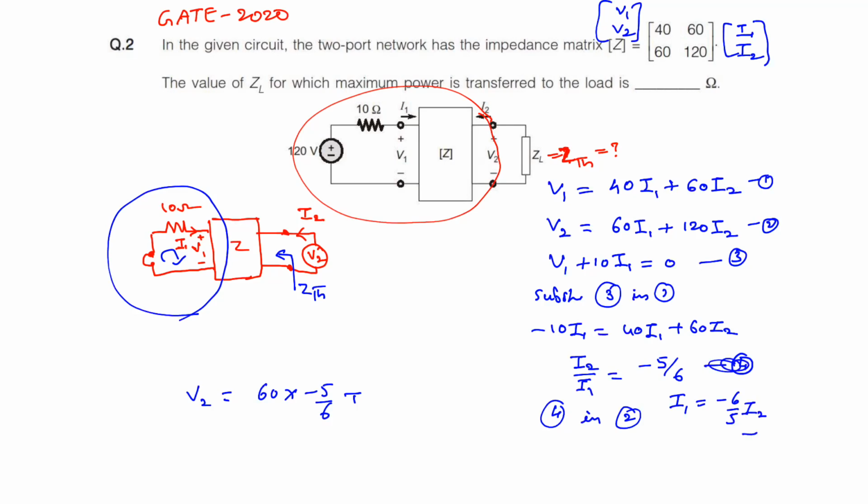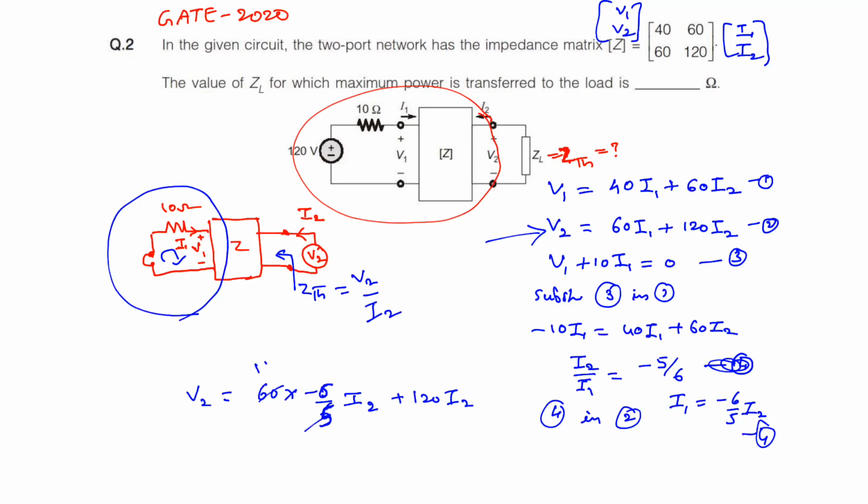Make this the fourth equation and substitute this one, because we require V2 by I2. ZTH is simply V2 by I2, so we require all terms in V2 and I2. So you can write it as minus 6 by 5 I2 plus, not 60, this is 120 I2, because in the second equation you are going to substitute.